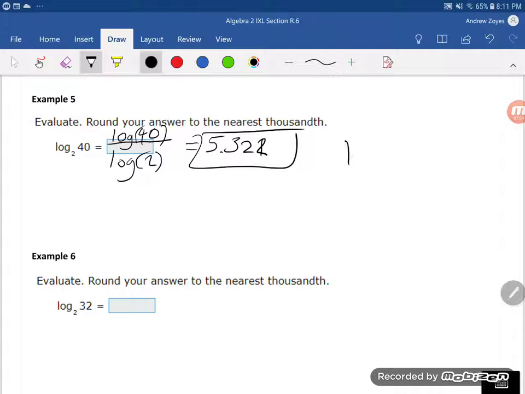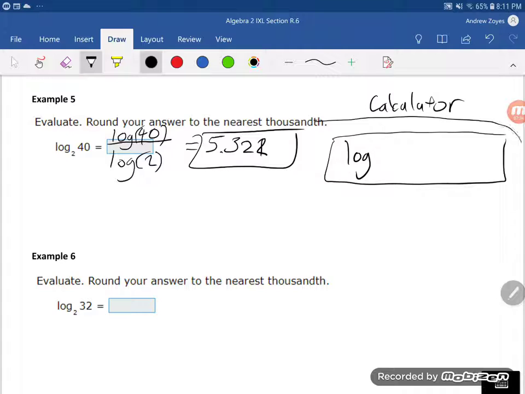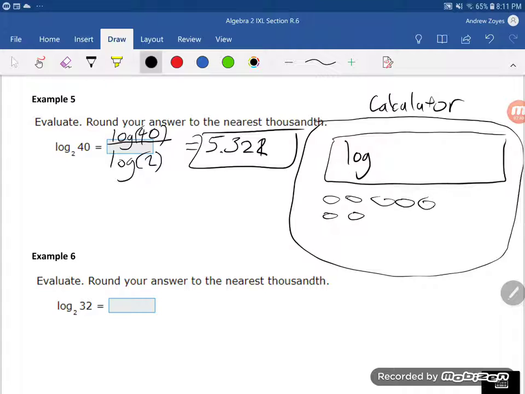Remember, all we did was, in my calculator, this is what it looks like. Right on my calculator screen, we'll go ahead and even draw a calculator.